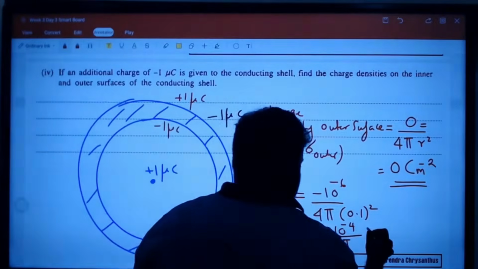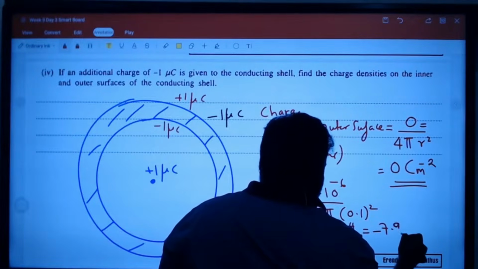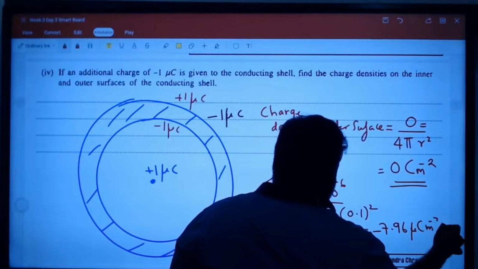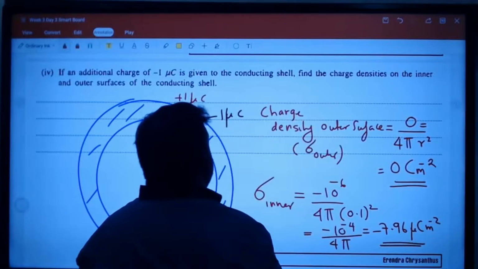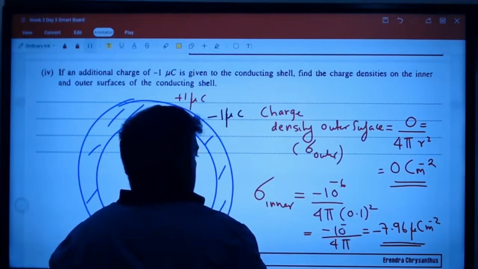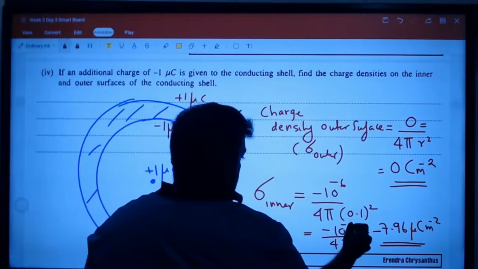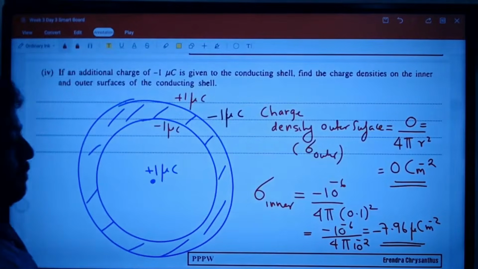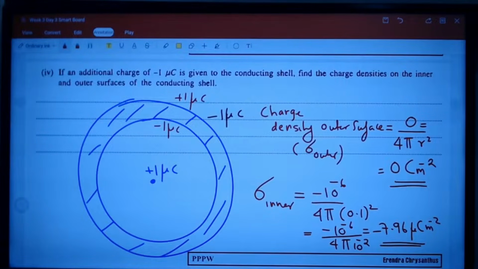That's minus 79 microcoulomb per meter square. If you write in units, microcoulomb per meter square. Right?